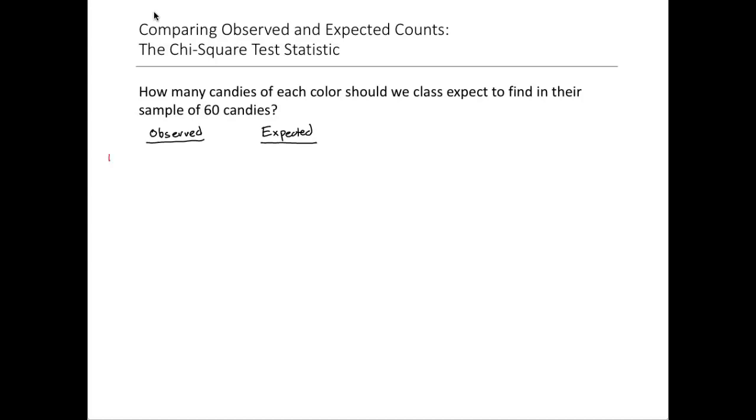So we got red, yellow, green, orange, and purple. All right, so if we have 118 Skittles lentils, how many would we expect to be red if the null hypothesis is true?